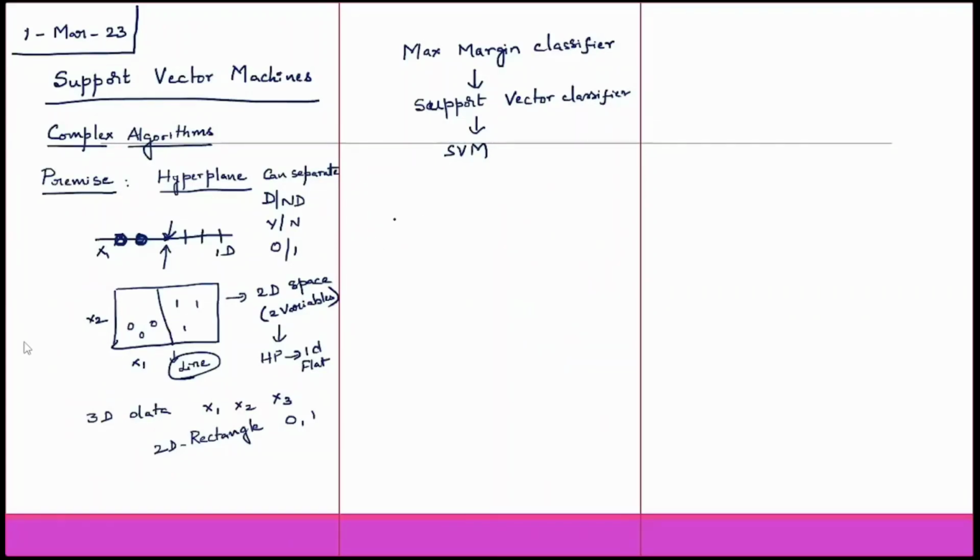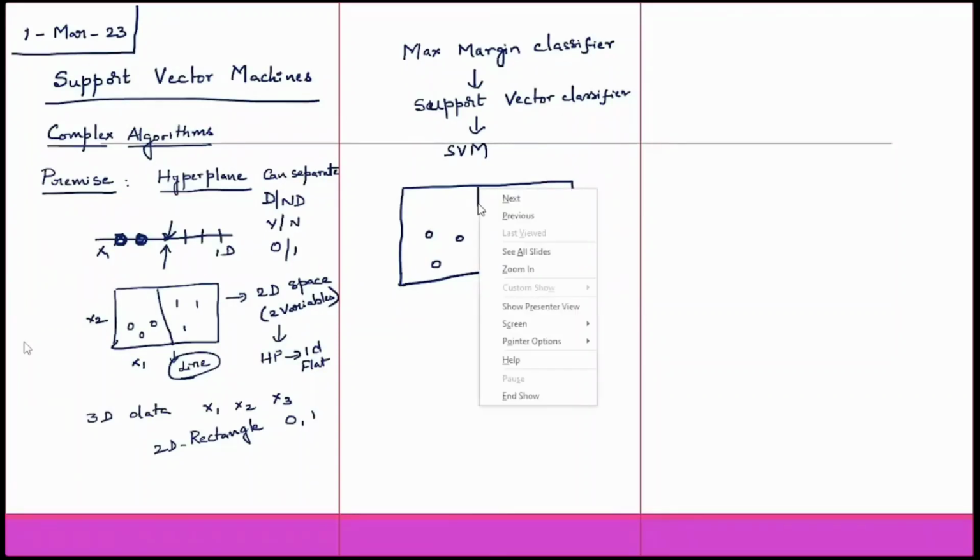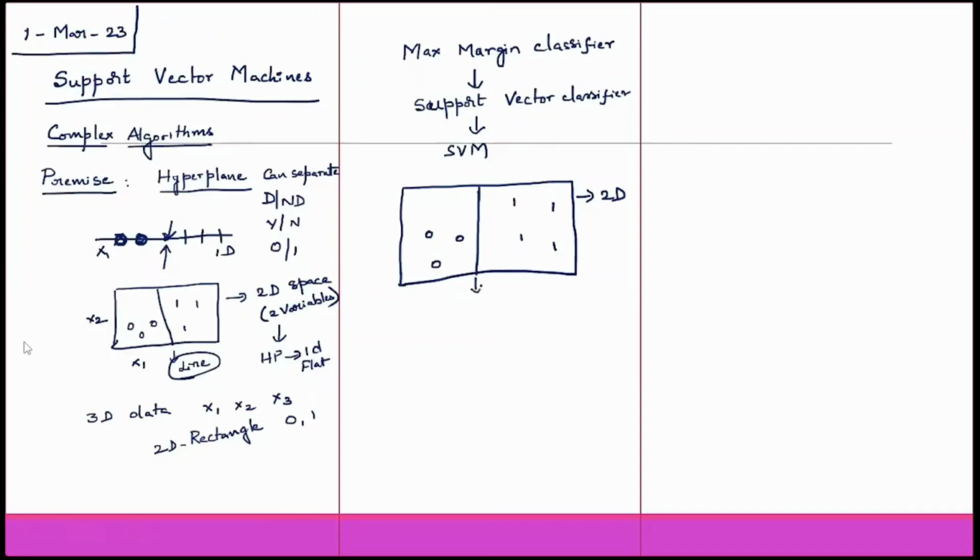Okay. So in this two-dimensional example, let's say I have all the zeros like this and all the ones are like this. I want to segregate the zeros from the ones. So obviously I will draw some line like this. Because this is two-dimensional data, the segregator is a one-dimensional hyperplane, which is a line.